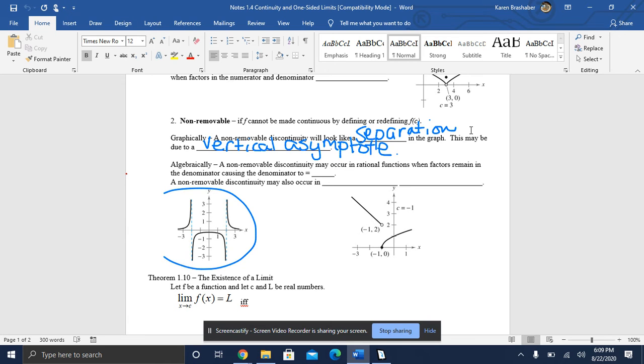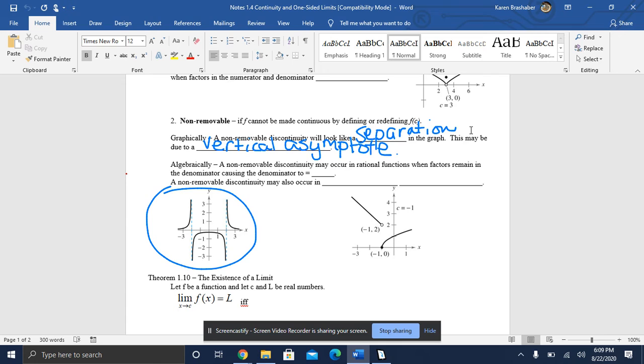This would be a picture where we have non-removable discontinuities at x equals -2 and at x equals 2, because the separation in the graph is caused by vertical asymptotes.